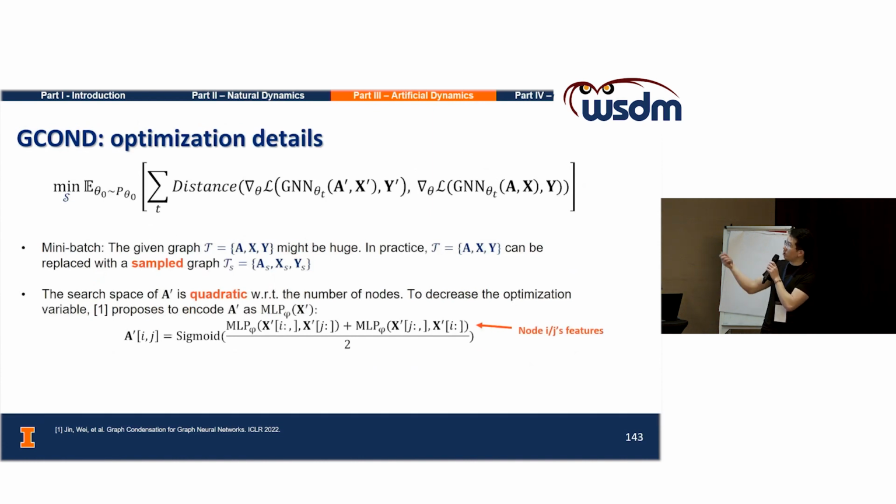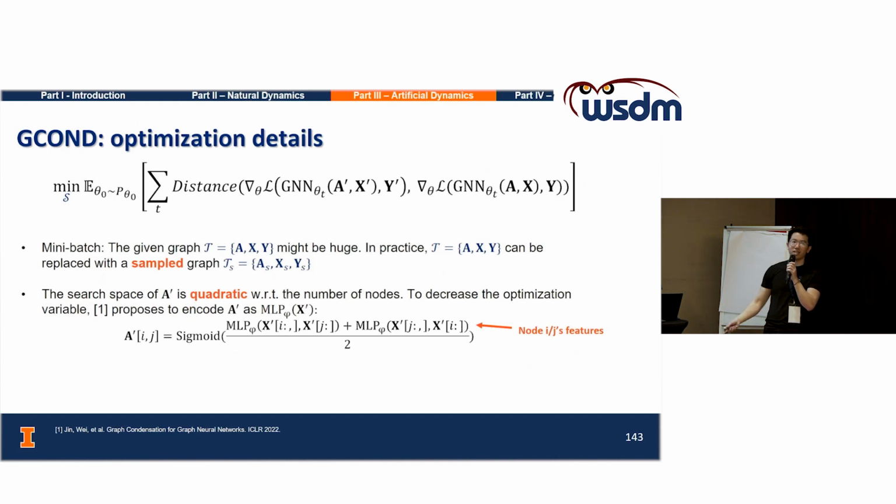In order to solve this objective function in a gradient descent way and get the final converged synthetic graph S, they apply some tricks. The first trick is mini-batch. The reason is that if we directly feed the large graph T into the graph neural network, we will face an out-of-memory problem.